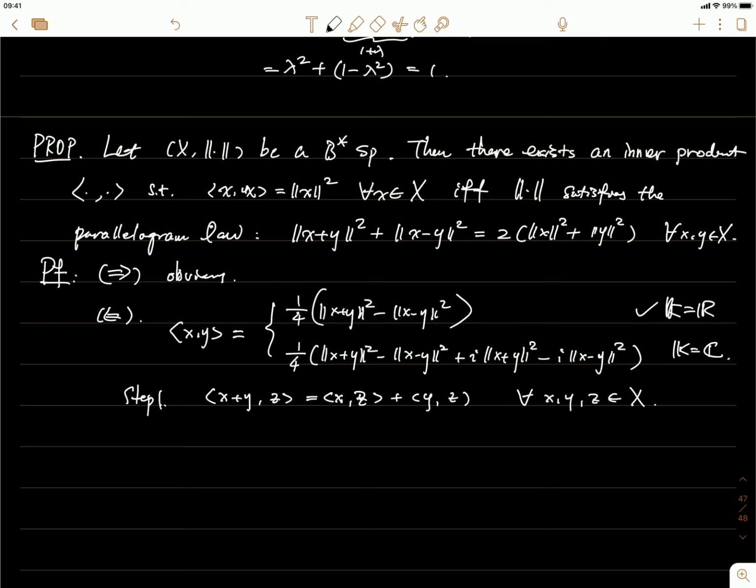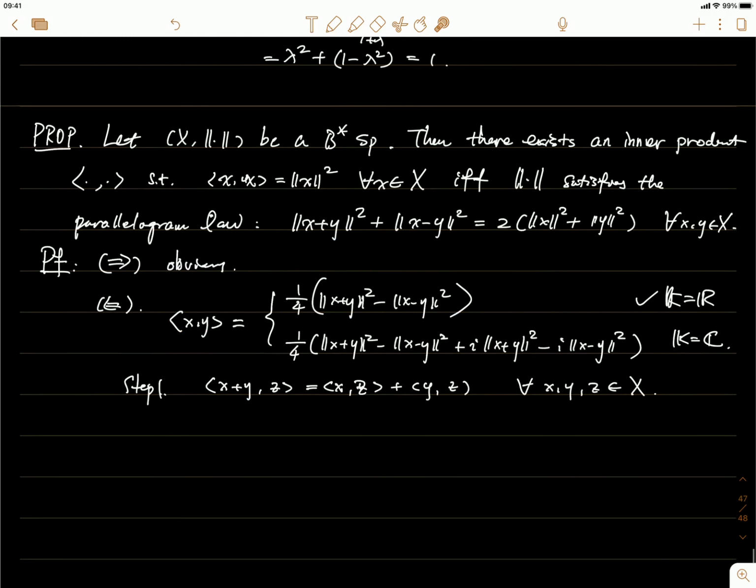Okay, so you need to play around with this identity here to show that this is true. Right now you define this norm in this way, and you're going to use the property of the norm to show that this is actually true. That's the first step.